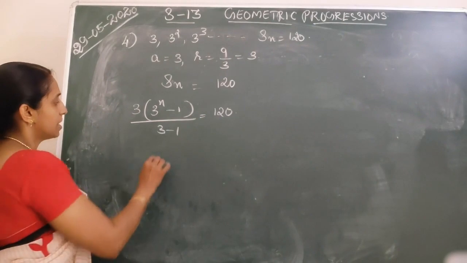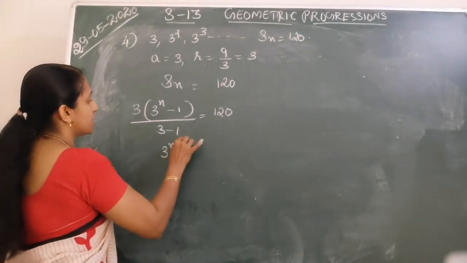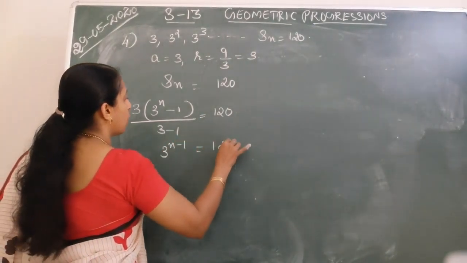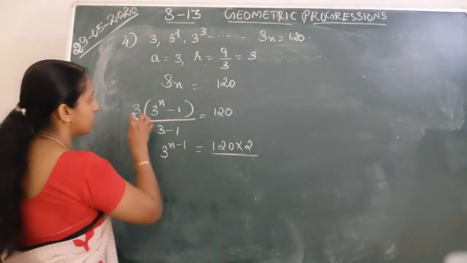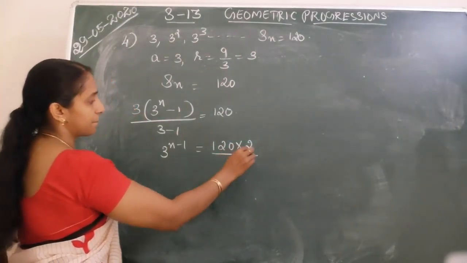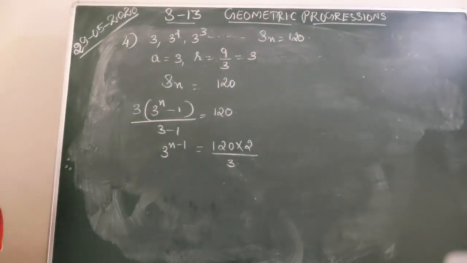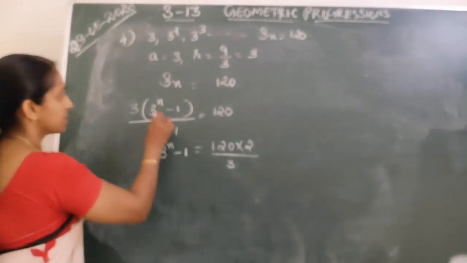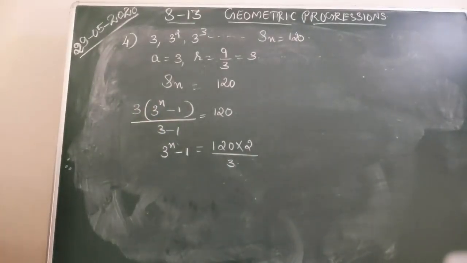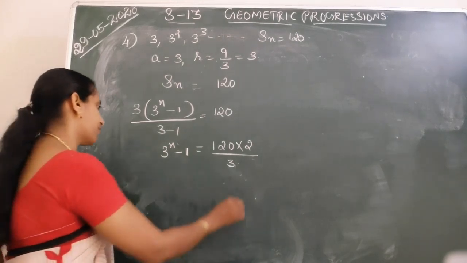Right? That is 3 to the power n minus 1 is equal to 120 into 2 divided by 3. Simplify.